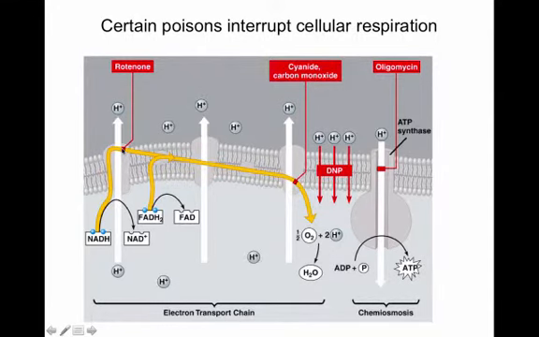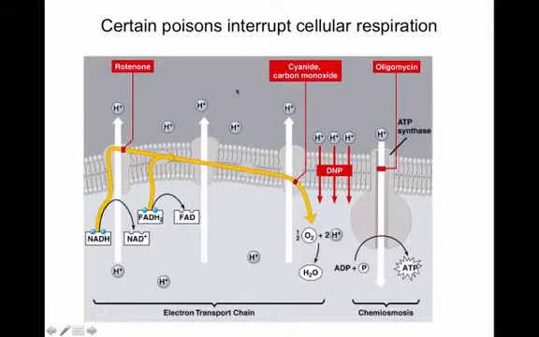So let's think about what that would result in. If we can't transfer those electrons to the electron carrier, the only proton pump that would be actually working would be this first proton pump. So we would only be pumping protons across the membrane through this one pump. These other proton pumps would not be functioning.